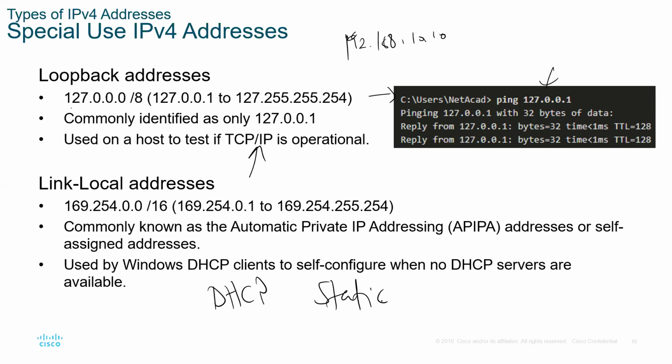For PCs, I think you go to network configurations, network adapters, you change the adapter, you go to options, advanced options, you change the IPv4 address. You can do that on your PC. In Packet Tracer, you go to the IP configuration tab, you can change the IP address. That is manual configuration of the IP address.